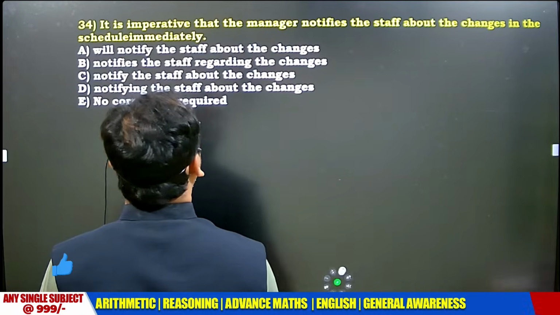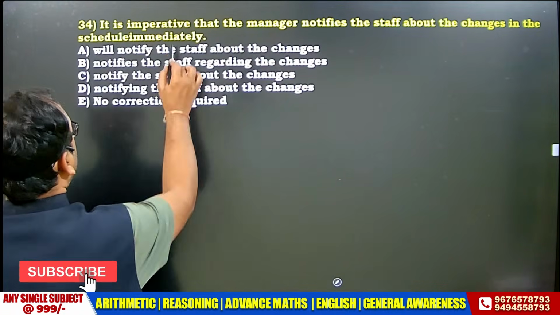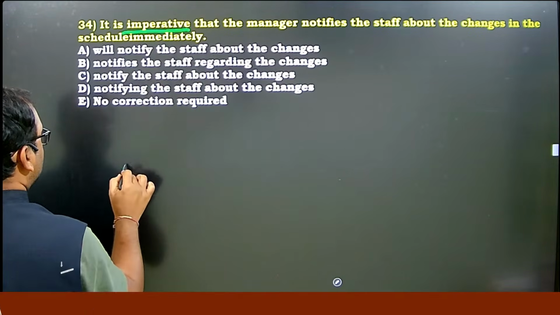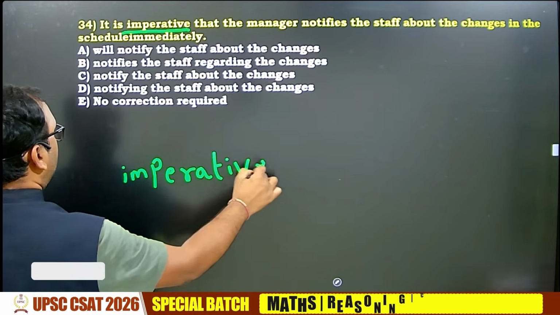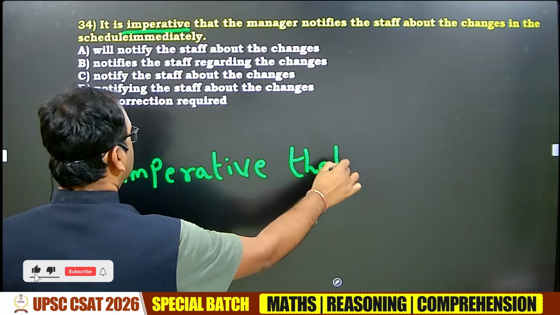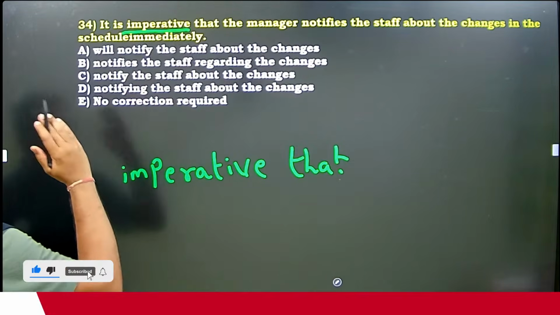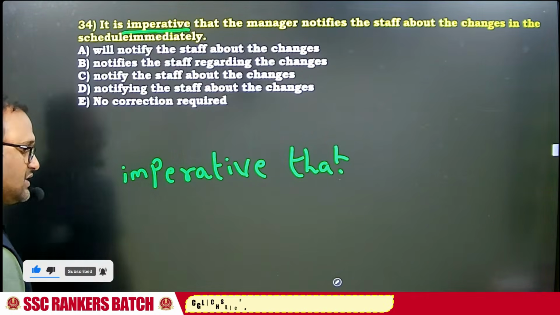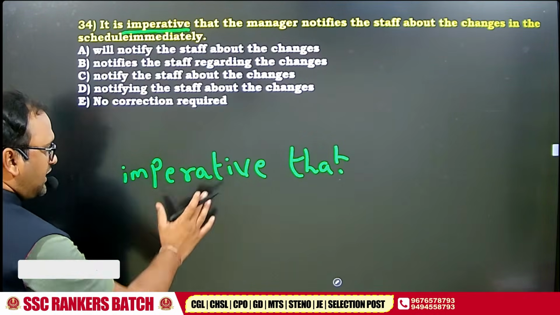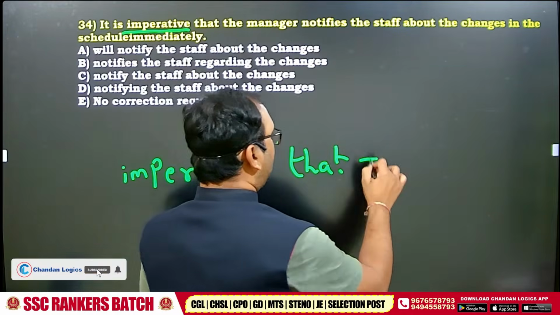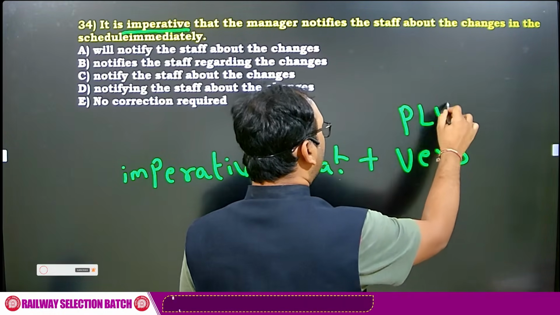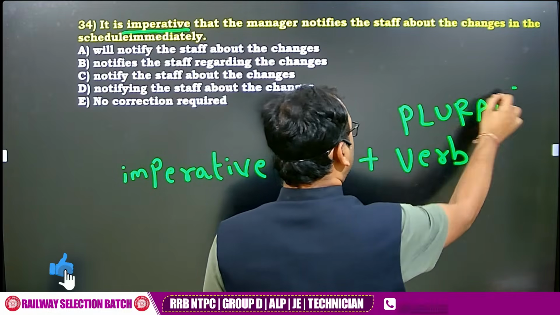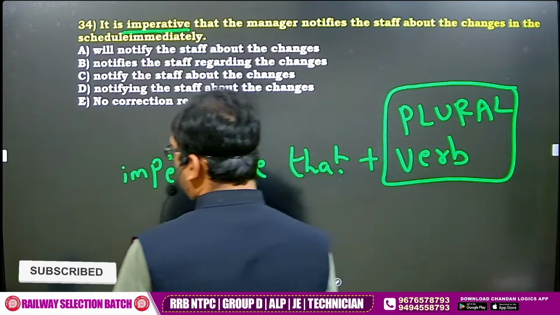Okay. Question number 34. I think this is a simple question. It is imperative that. What is the meaning of imperative? Imperative means suggestion, order, command, request. Whenever we have the imperative case, then the verb must be only in plural. It is a very important grammar rule, guys.